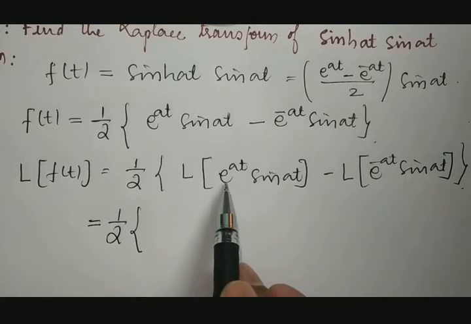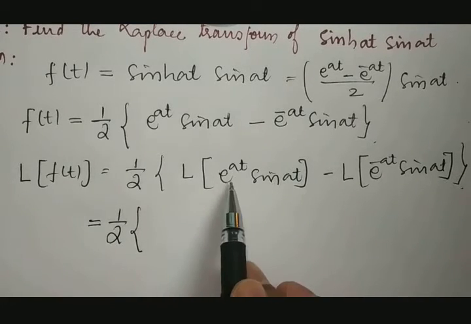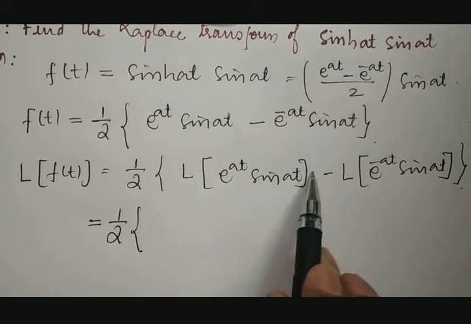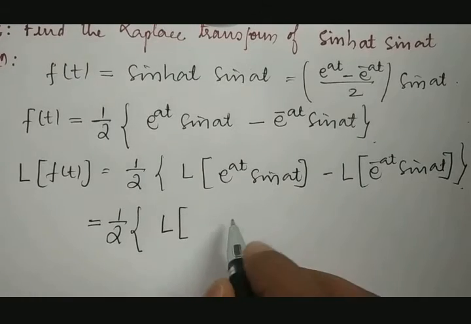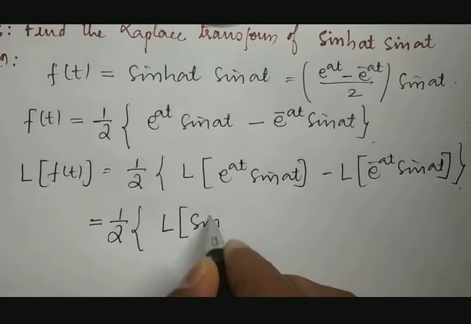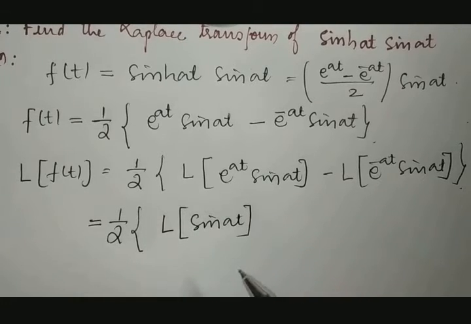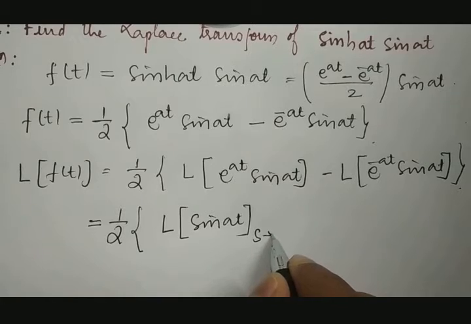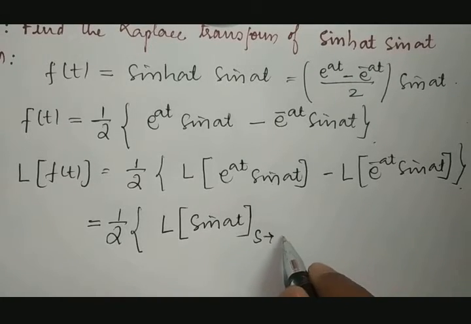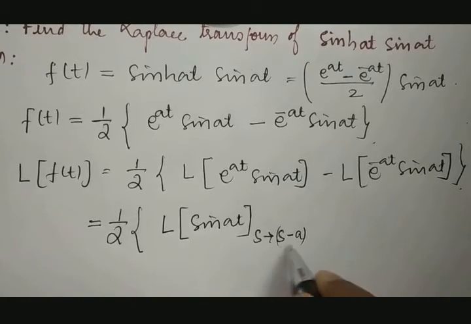When it is a product of exponential and trigonometric, other than the exponential, whatever is there will be considered as a basic function and its Laplace transform will be calculated first. Then where does this exponential go? This exponential implies s is going to be replaced by s minus a.